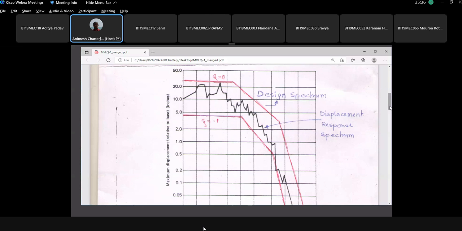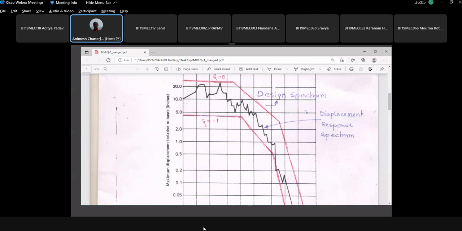So why do all buildings not get damaged in the same manner? One is natural frequency. Second is, of course, damping. But the third point is most important. Looking at the response spectrum, perhaps this natural frequency is most dangerous.